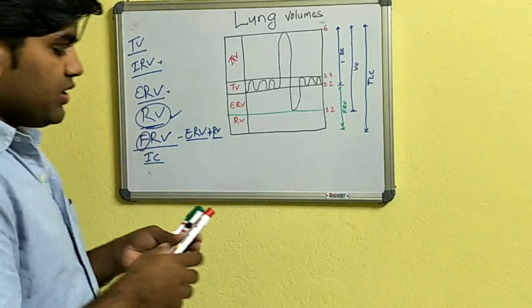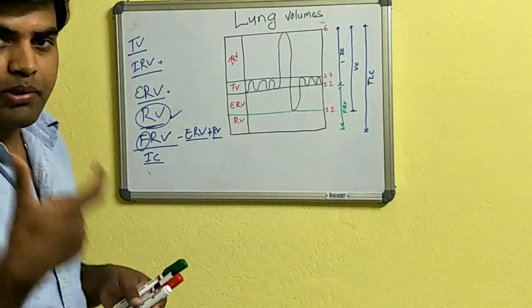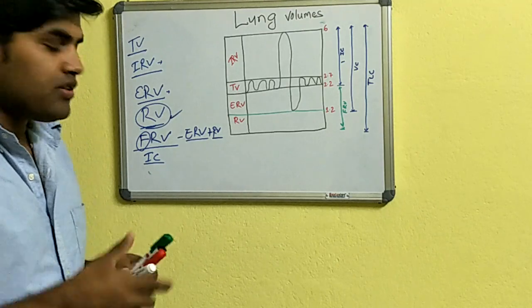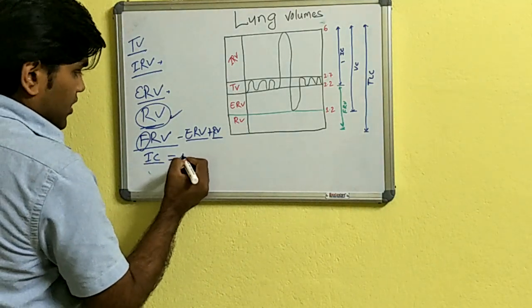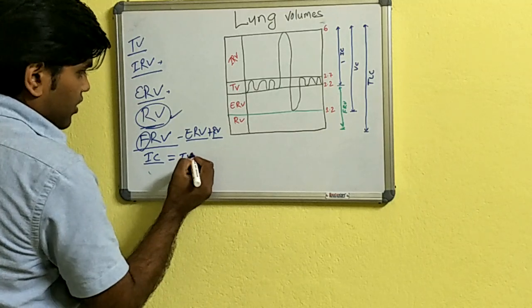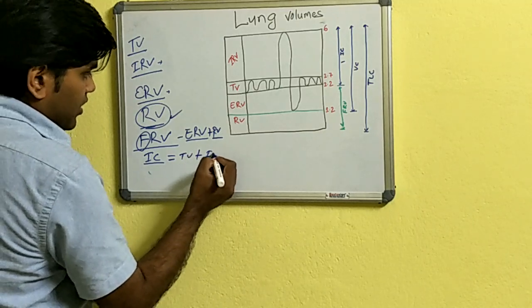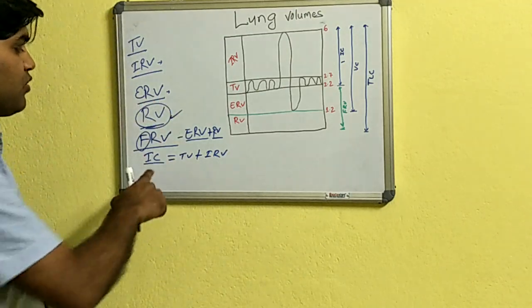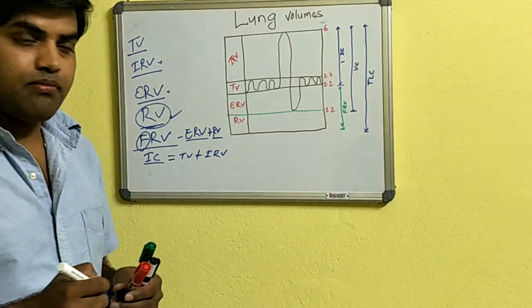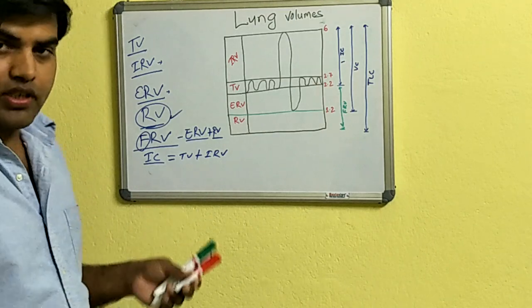The combination of both is our total capacity to inspire. So tidal volume plus inspiratory reserve volume equals inspiratory capacity. So you are clear about inspiratory capacity as well.